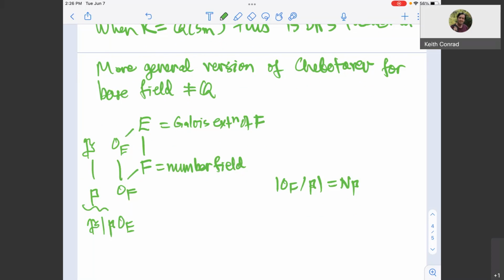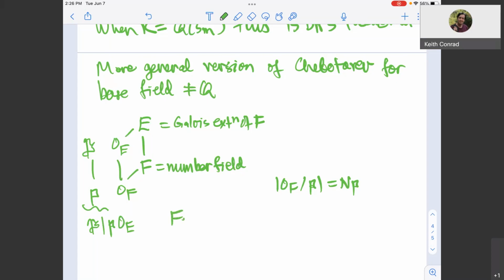And Galois theory of finite fields says that these are always Galois extensions, and the Galois group is generated by iterations of the Qth power map, where Q is the size of the field downstairs. And so O_E mod big P as an extension of O_F mod little p is Galois, and the group is generated by raising to the norm of p power.